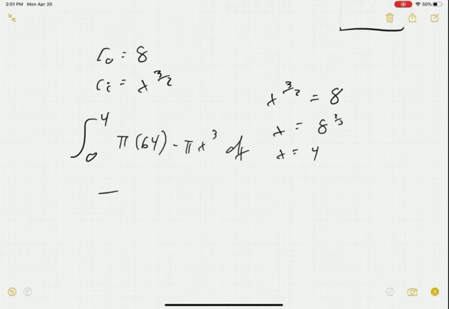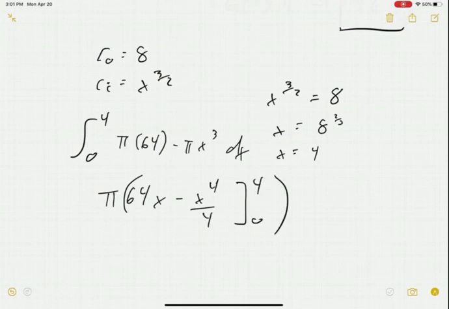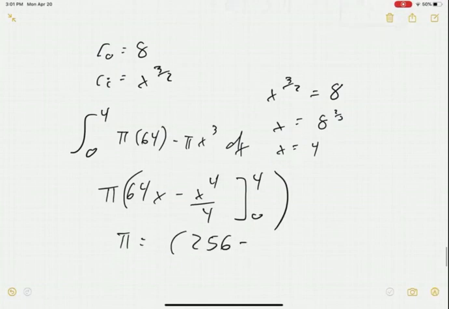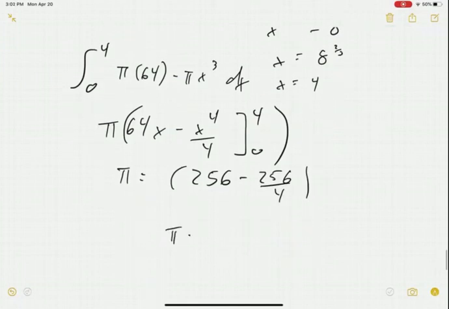Yeah, I think it should be fine. Let's see, 4 to the 4th would be 256. Yeah, 256 over 4. So really it's pi times 4 times 256. Yeah, it should be the same thing. So this one you could solve either way.